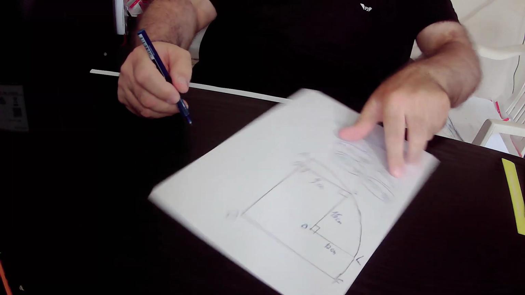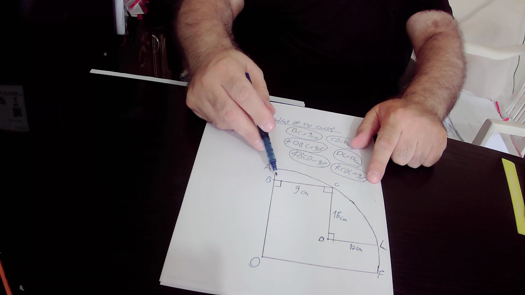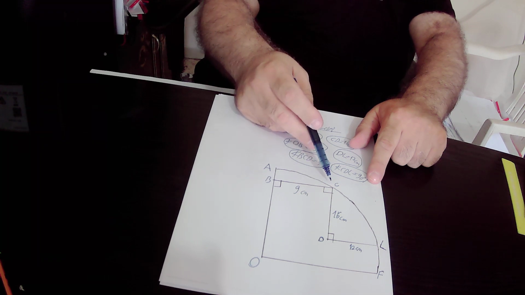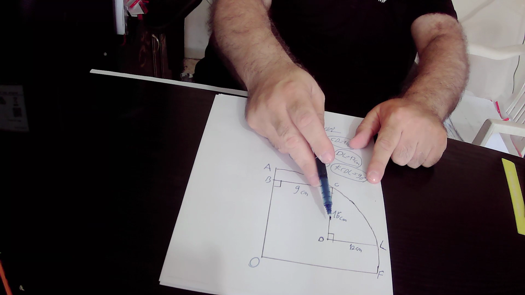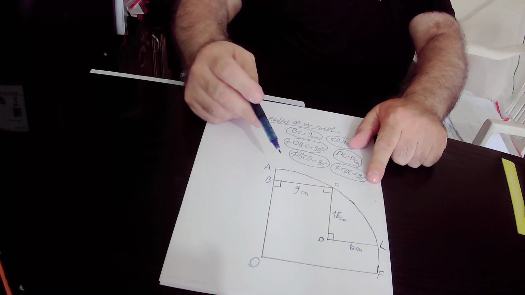And we know that this angle OBC equals 90 degrees. This angle BCD also equals 90 degrees. And this angle CDL is also equal to 90 degrees. And our mission is to find out the radius of this quarter circle.